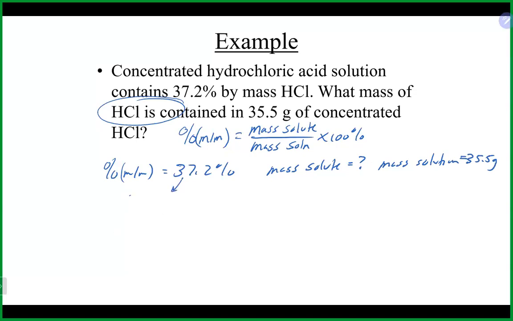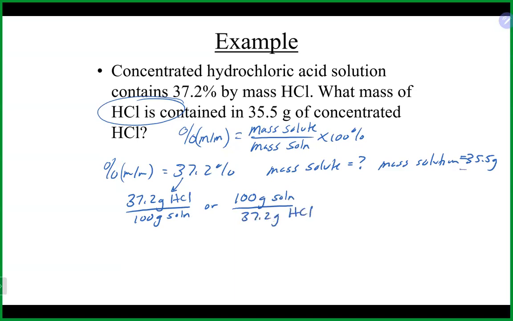We would then say that this is basically 37.2 grams of HCl in 100 grams of solution. Or you could use it the opposite way: 100 grams of solution is 37.2 grams of HCl.